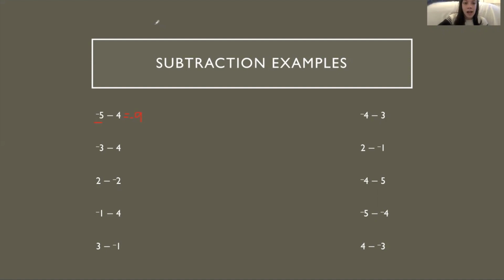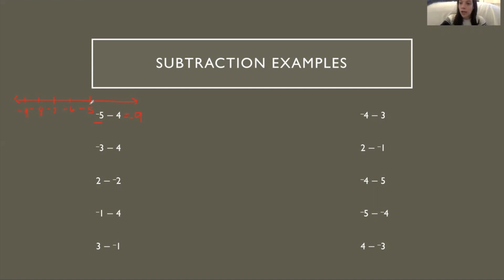To explain how this makes sense, if you look at a number line, this is negative 5. Here we have negative 6, negative 7, negative 8, and then negative 9.